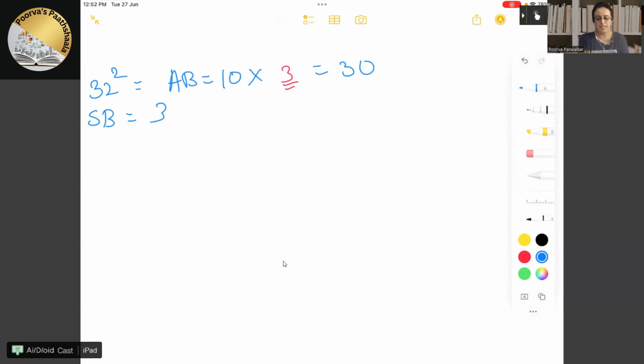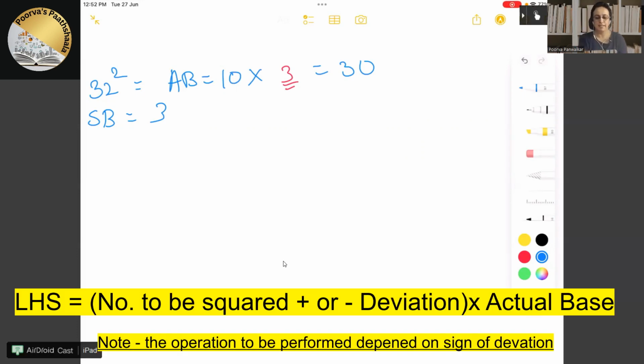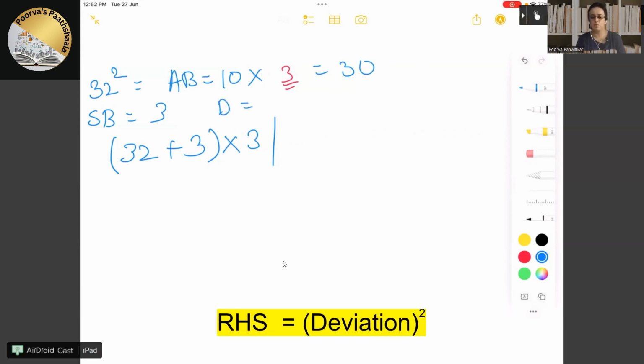So what I do is, when I have to find the answer, I again divide it into 2 parts. That is, 32, the number to be squared, plus the deviation, into 3 becomes my left hand side. The deviation, sorry, I did not find out. 32 minus 30 is 2.